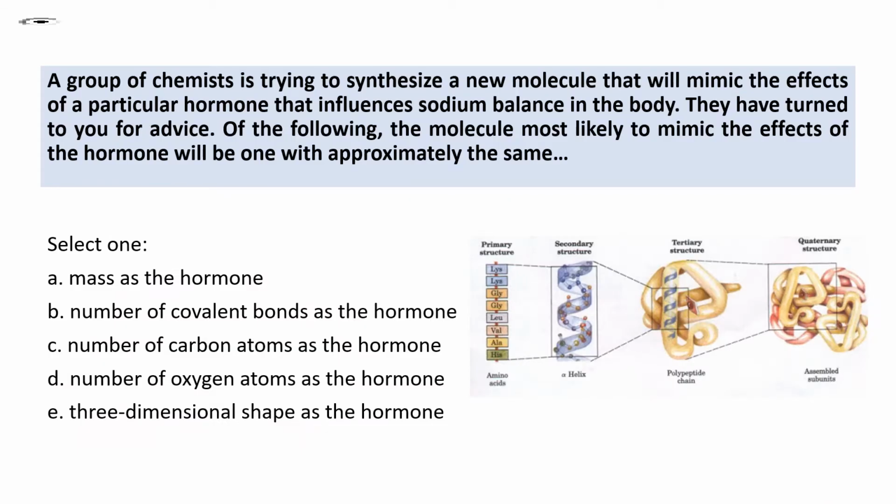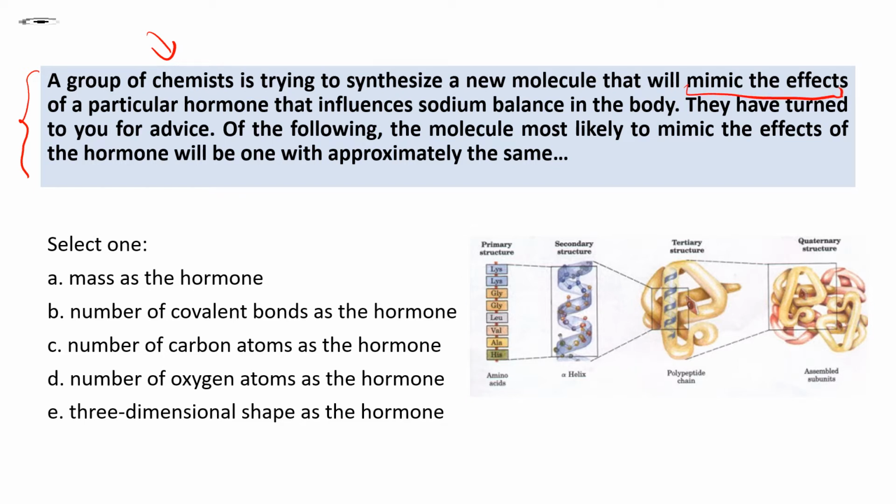Okay, this is a question that we answered in the class, and I just want to tell you something. Sometimes the textbook makes these very long questions to ask you something that is very simple. Here, they are asking you about a hormone that has an effect.